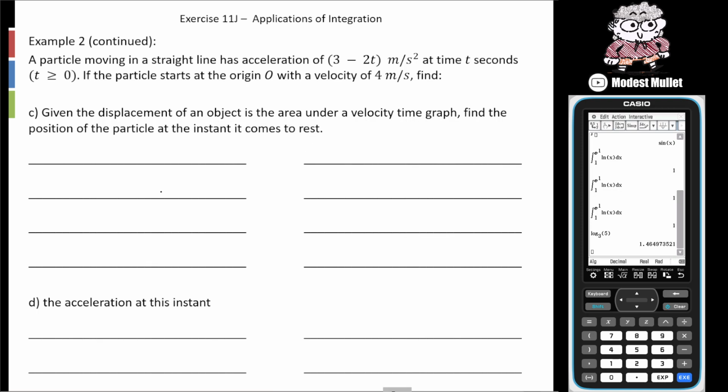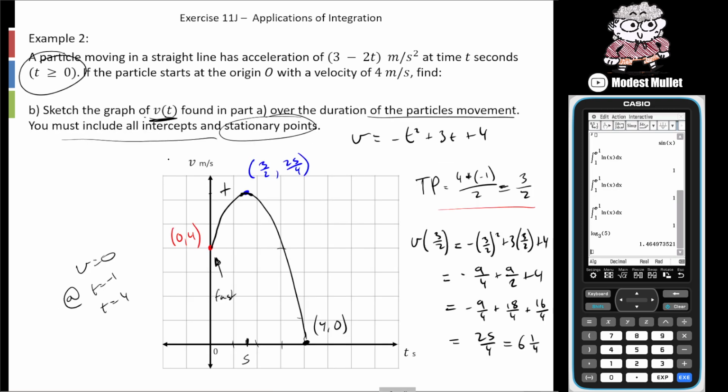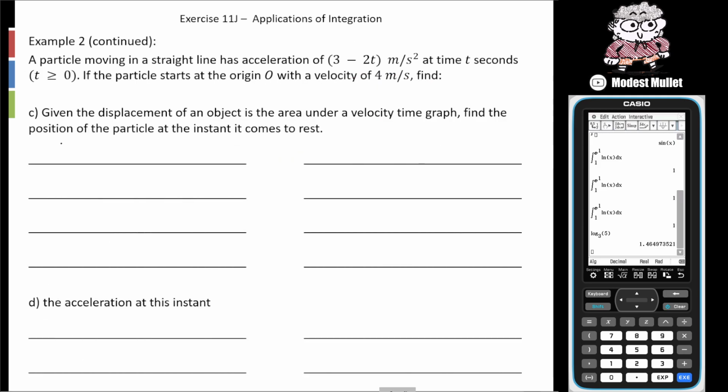Okay, so we need to know when it comes to rest, which means its velocity is 0, which is down here. So we know comes to rest, v is equal to 0 at time is equal to 4.